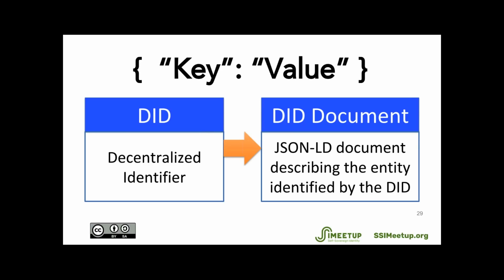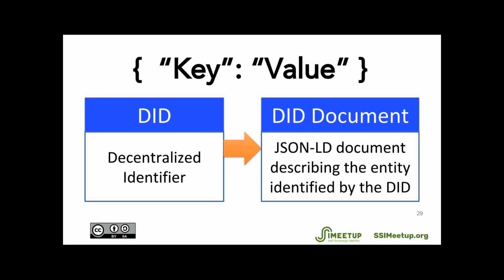Now, this is a JSON-LD document, JSON linked data, which is a standard JSON that has some additional rules for incorporating linked data so that it's globally understandable what's inside of it. And if you're not familiar with JSON-LD, I highly recommend the JSON-LD playground to go check it out.